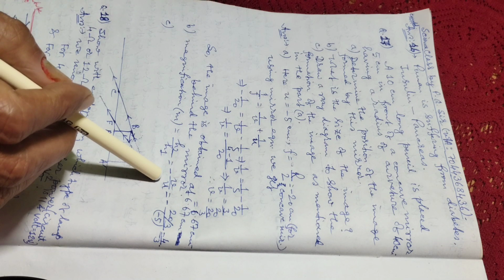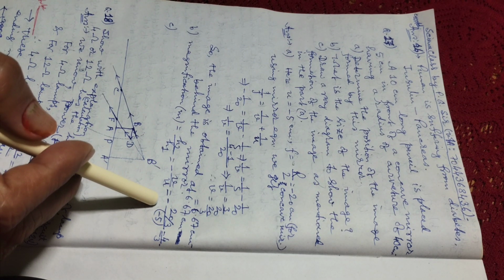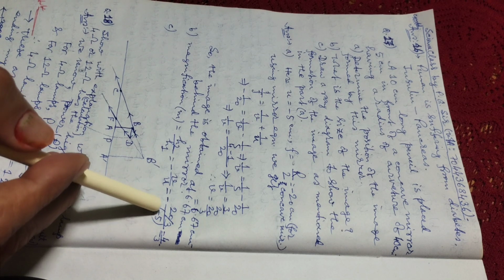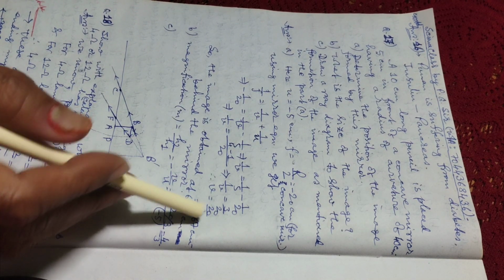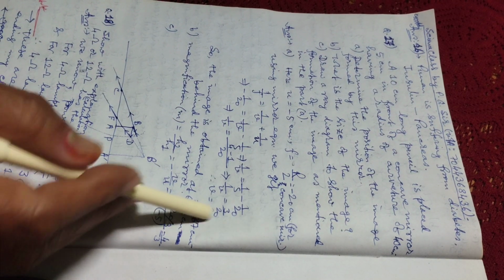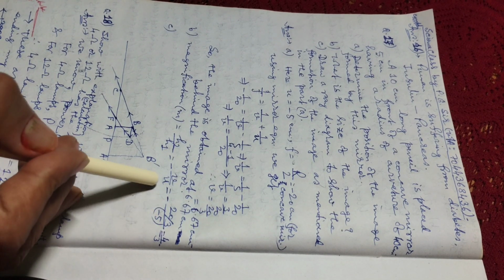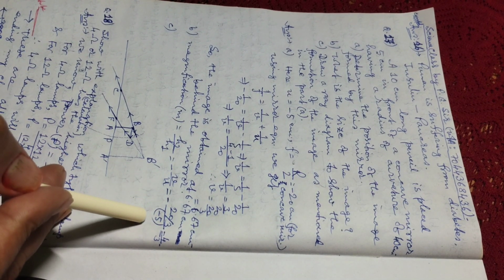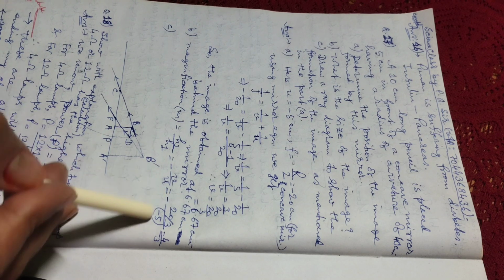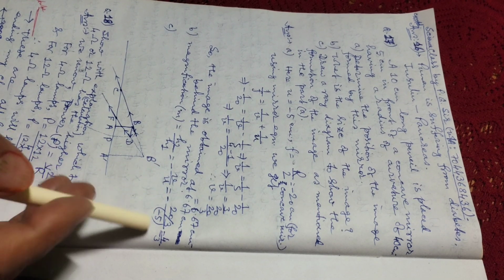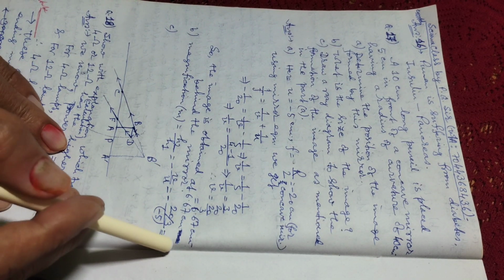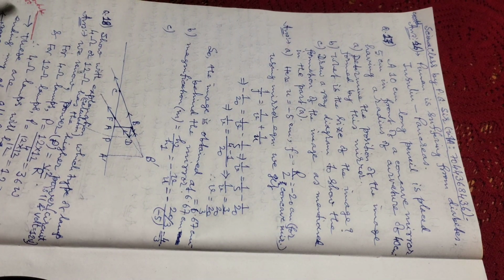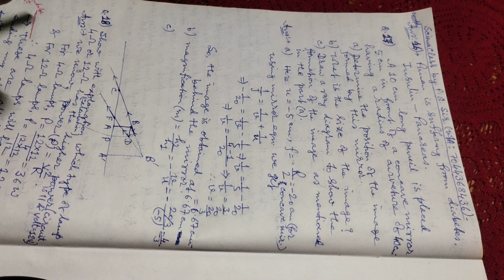So put the value again. Minus v means 20 by 3, and the value of u is minus 5. Minus and minus will be plus, so after cutting, it will be 4 by 3. So magnification is 4 by 3.